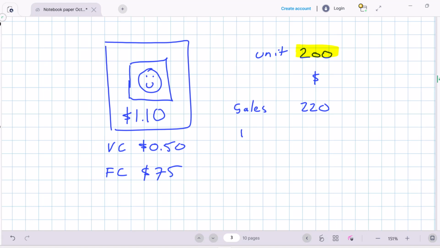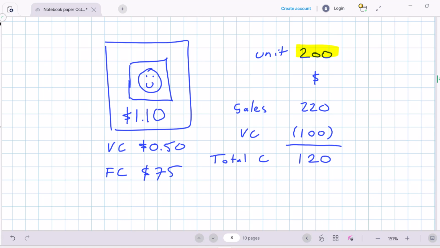Our total variable cost would be 200 times 50 cents, or $100. The difference there would be the total contribution earned. I'm just going to abbreviate that, total contribution. So guys, that looks like $120. So that's how much we have left over after we pay our variable costs.